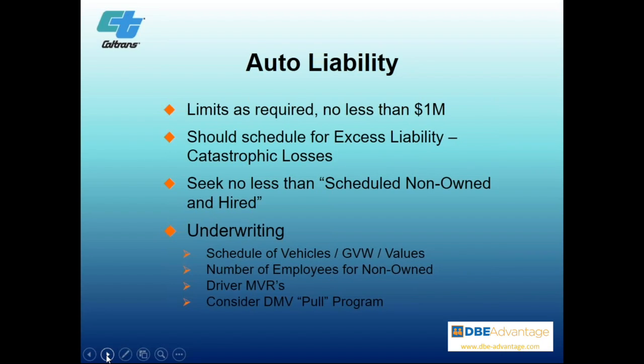Seek no less than scheduled, non-owned, and hired. What you want to do is to make sure that this whole ownership of the assets, the hired personnel, you want that to be clear, and you want that covered on the schedule.